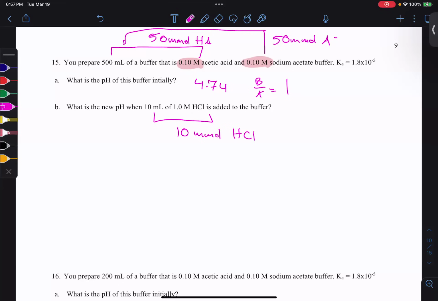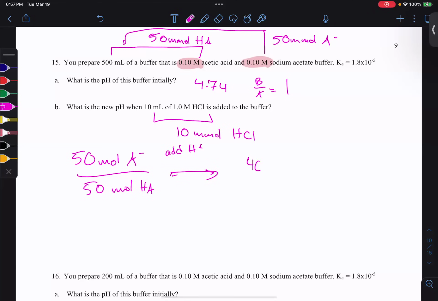It was 50 millimoles A minus, 50 millimoles HA. If we add H plus, we're going to consume some of that A minus, so now it's going to be 40 millimoles of A minus, and now the denominator is what? 60 millimoles of HA.